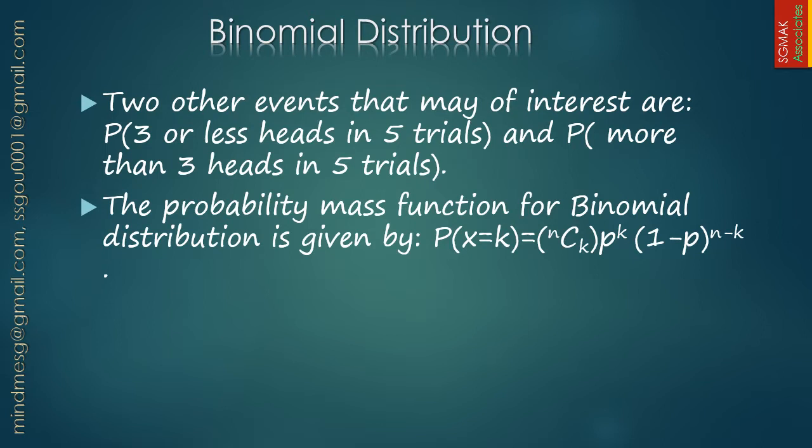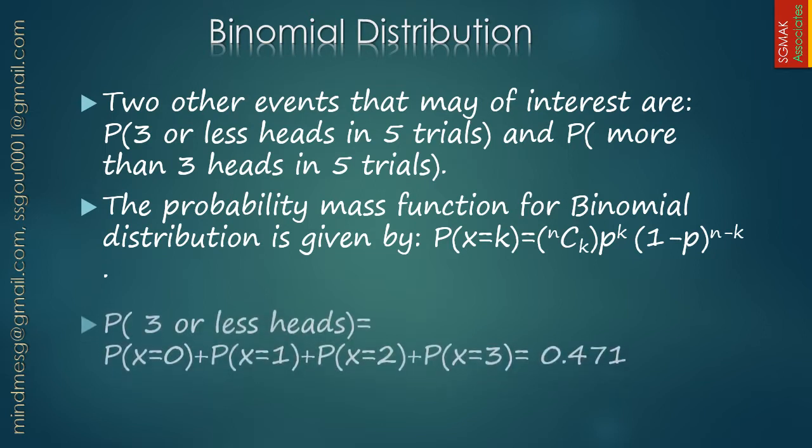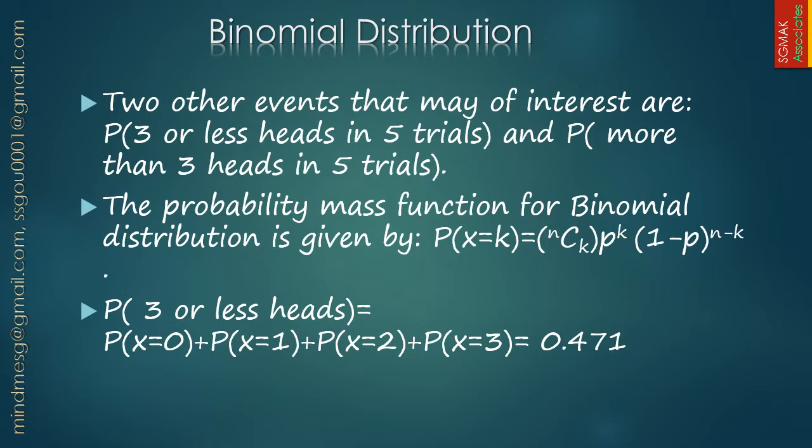Another parameter is small p, which is typically represented in most of the textbooks. Small p represents the probability of success in each trial. So probability X equals k is given by combination of k out of n, small p raised to the power k, 1 minus p raised to the power n minus k.